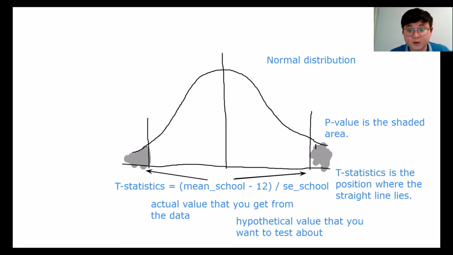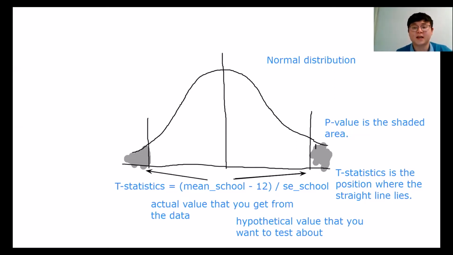So we can see that the mean is 11.56, the actual mean that we get, and based on our hypothesis, we think that the value could be 12. But it turns out that if the hypothetical value is 12, the probability for us to get the actual value, which is 11.56, is extremely low.